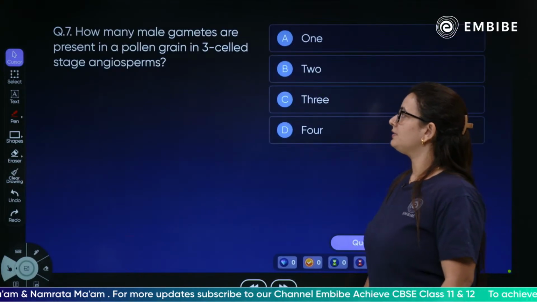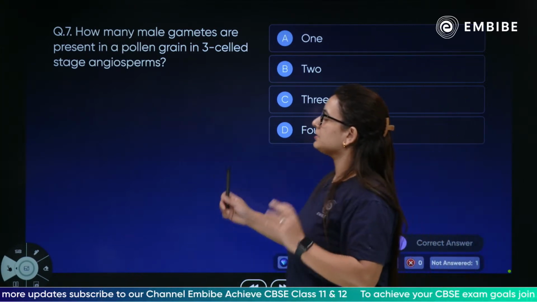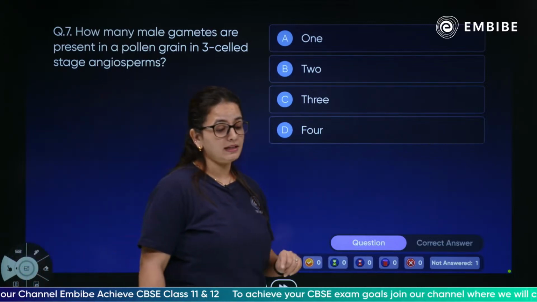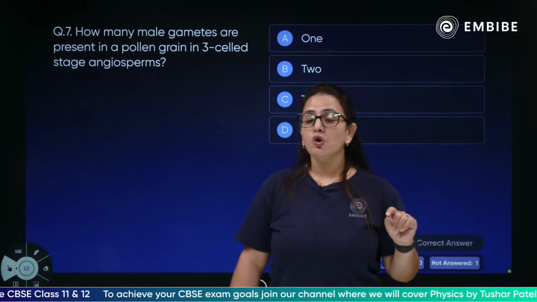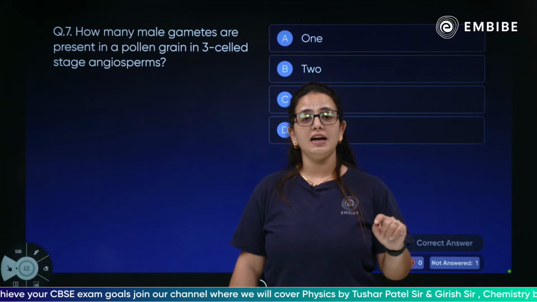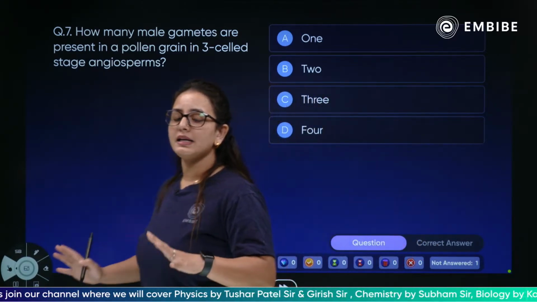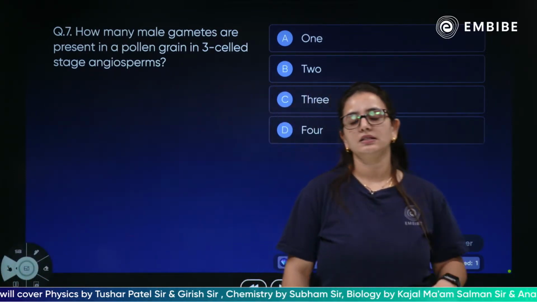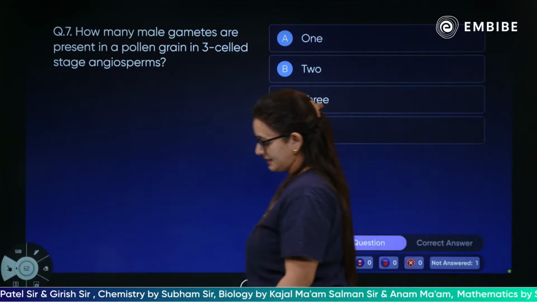Next question, children. How many male gametes are present in a pollen grain which is shed at the 3-cell stage? You know 60% of angiosperms shed pollen at the 2-cell stage and the rest at the 3-cell stage also.